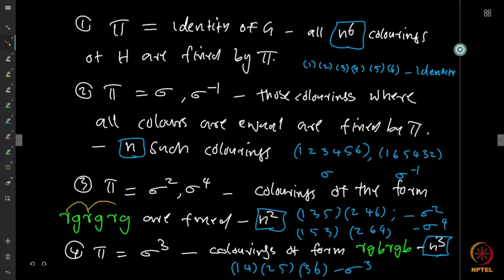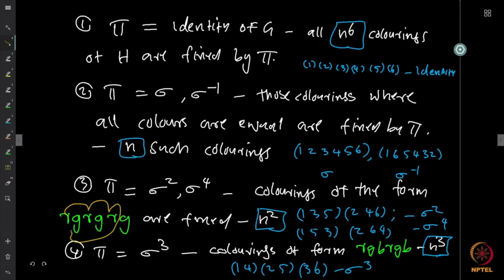1 going to 3, 3 going to 5, and 5 going to 1, right? Similarly, 2 going to 4, 4 going to 6, and 6 going to 2. Because sigma square is of this form, if the colorings of these alternate elements are the same, then such colorings are fixed by pi, because if I move twice, I just need to get the same color.